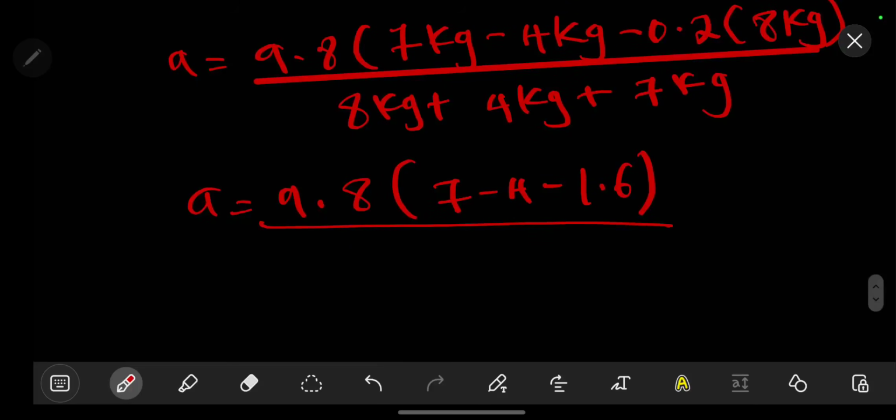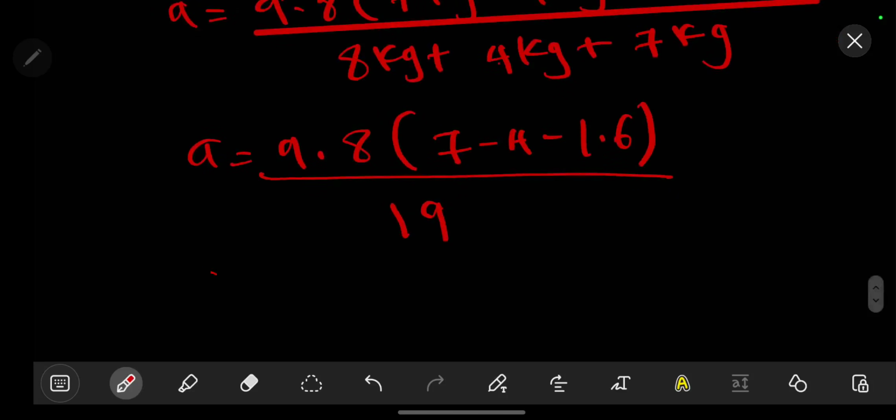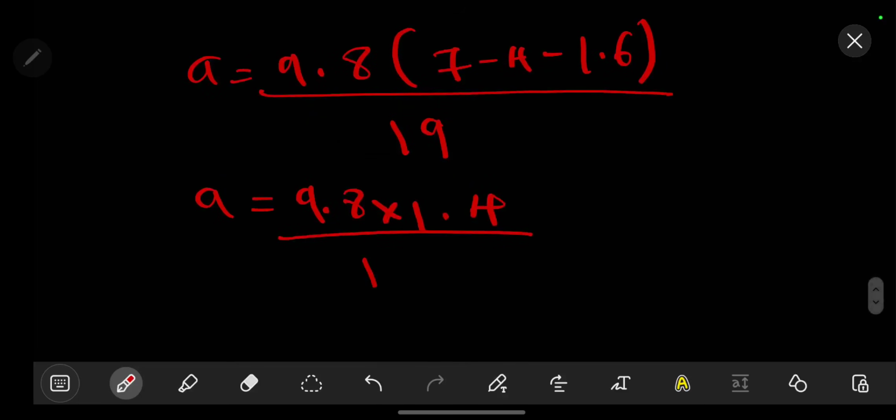Then we have over 8 plus 4 is 12, plus 7 is equal to 19. So a is equal to, if we subtract 7 minus 4 minus 1.6, this is going to give us 9.8 times 1.4. Then we divide this by 19.